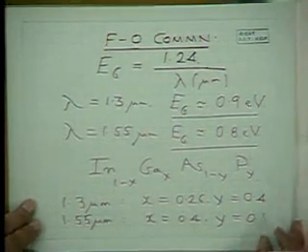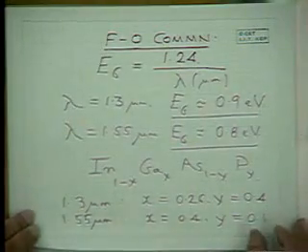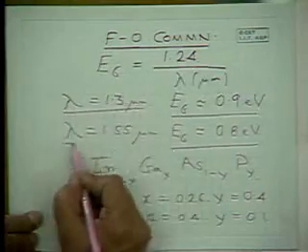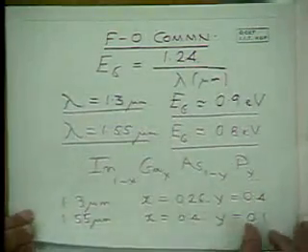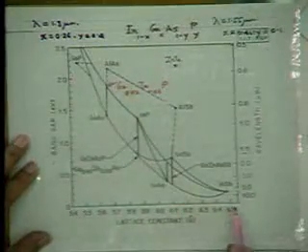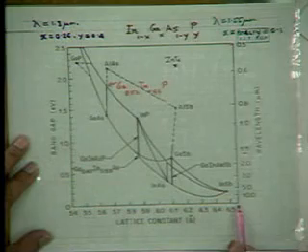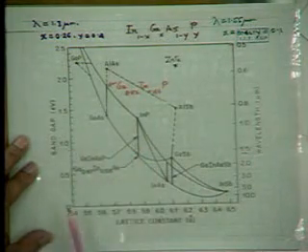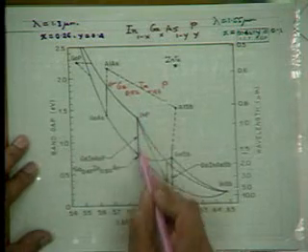So it is because we want emitters and sources working at these specific wavelengths 1.3 and 1.55 microns, we have to take recourse to this band gap versus lattice constant diagram to choose materials with the proper band gap and with the proper lattice constant.